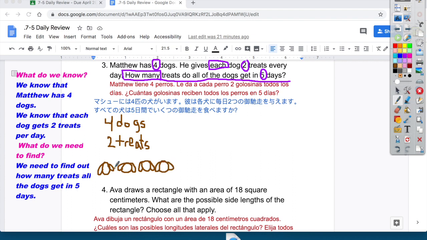And if there are 4 dogs and each dog gets 2 treats, that means this dog gets 2 treats, this dog gets 2 treats, this dog gets 2 treats, this dog gets 2 treats. And we can do repeated addition to find out how many treats the dogs get in total.